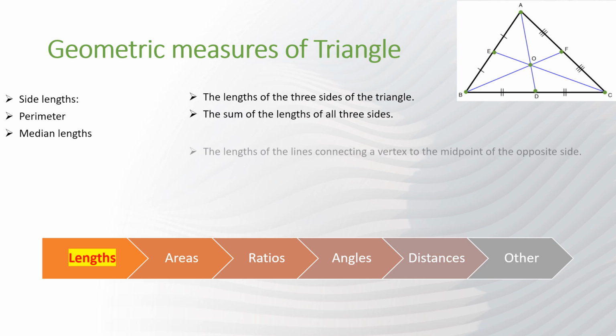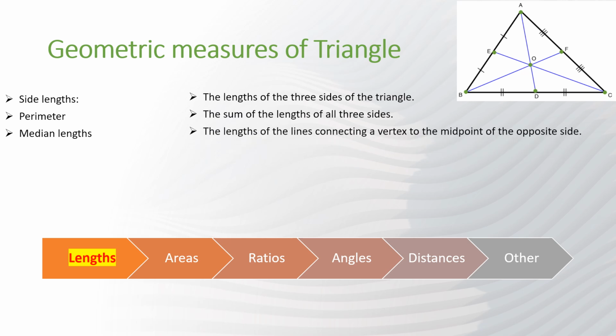Then median length. What is one more geometric measure which falls under length? The length of the median. What is a median then? These are the lengths of the lines connecting a vertex to the midpoint of the opposite side. For example, this is my vertex A, right? And the opposite side is BC, correct?